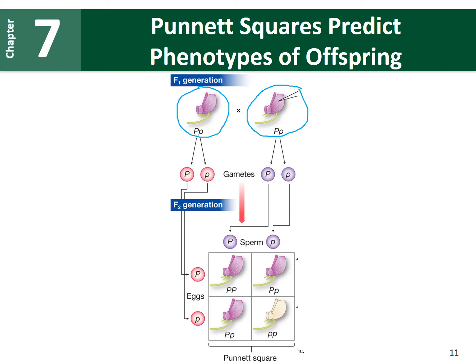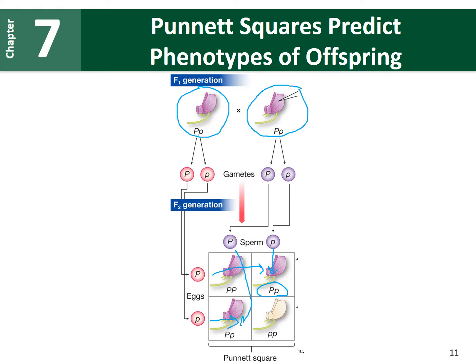Then what happens is you have random fertilization. So you pull one sperm cell and one egg cell into the box, you have fertilization. In this case, we end up with an individual that's big P, big P. We get a big P, little p right here if you pull in those 2 gametes. If you take this big P and this egg and you have fertilization, it's big P, little p.